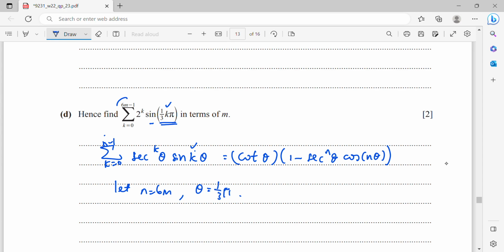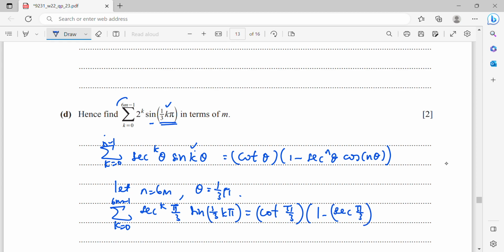So the left hand side becomes secant to the power k theta. Right hand side, cot pi over 3, 1 minus secant pi over 3, the n changed to 6m, cos n theta. So 1 over 3 pi n.